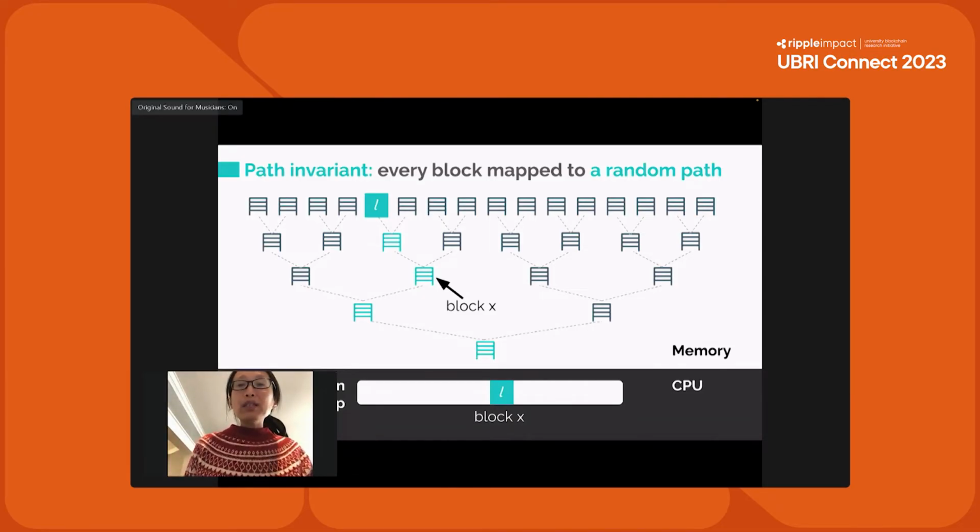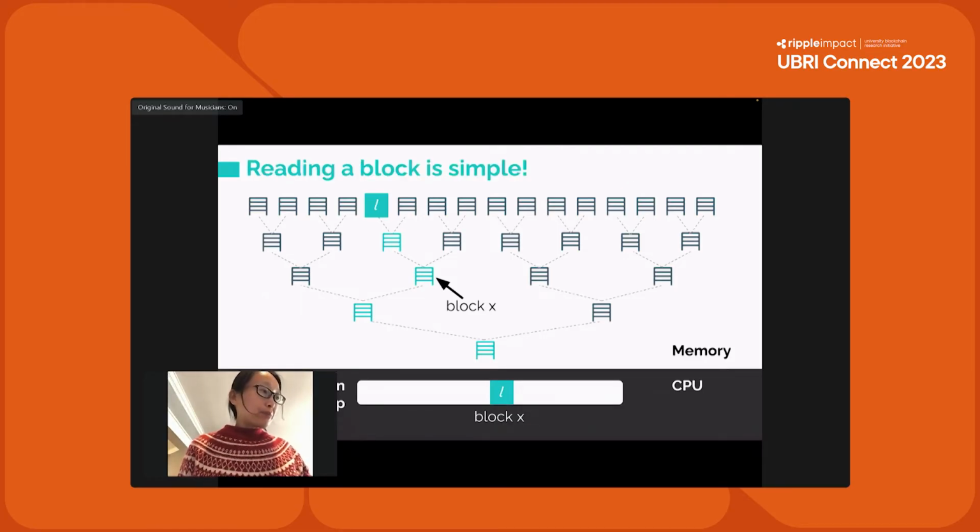It's guaranteed that the block X will reside somewhere on the path, which means if I want to read block X, all I have to do is look up the position map, find out X is on the blue path, and then scan the whole blue path. I'm guaranteed to find X. And once I read X, I'm going to remove it from this path. And now the CPU is basically holding this block X.